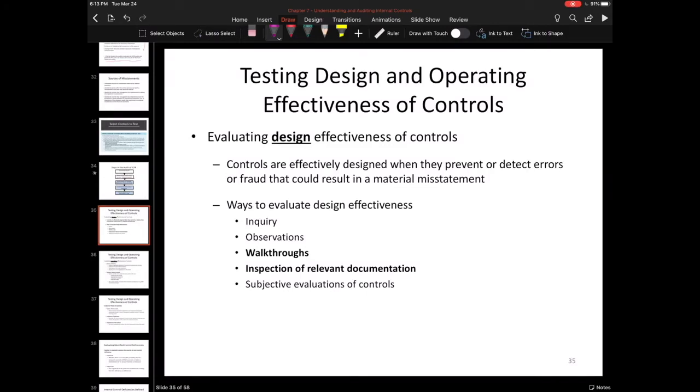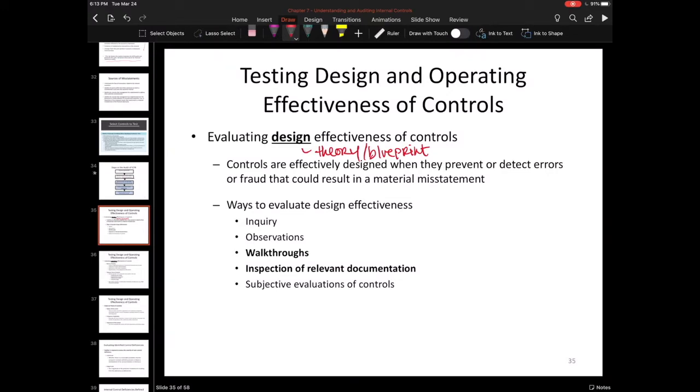So design effectiveness is generally, is the way this control is written going to work in theory? I would consider it like the blueprint of the control. Like, is it designed in a sound way? So if this control is operating as written, will everything be okay? So it's all about the theory of it.